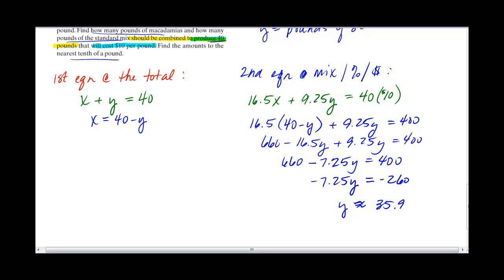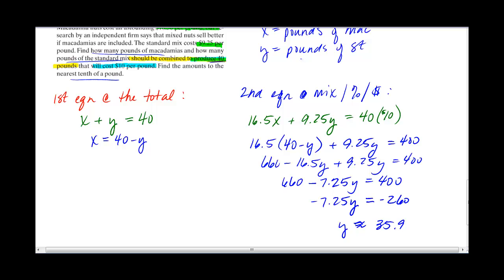So what I found out was that my y's, which are the standard mix, I want 35.9 pounds of the standard. So I need to take this amount and plug it back into the original equation over here. I end up with x plus 35.9 is equal to 40.